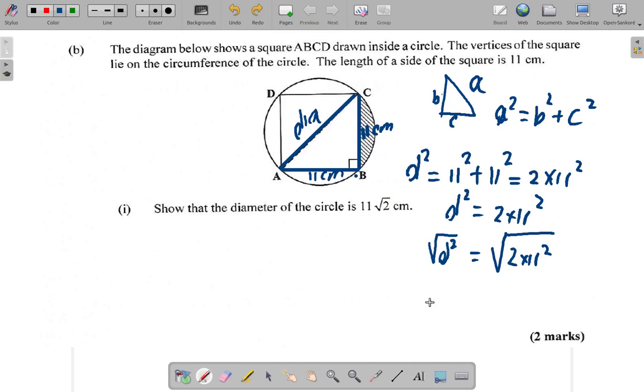Now the square root of D squared is D. You can separate the 2 and the 11 squared: square root of 2 multiplied by the square root of 11 squared. Now D equals, what is the square root of 11 squared? It is just 11. The square and the square root cancel each other and leave the number untouched. So it's square root of 2 times 11. So you can write this as D is equal to 11 times square root of 2.